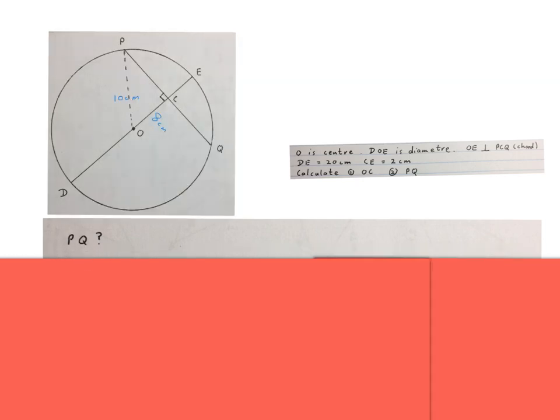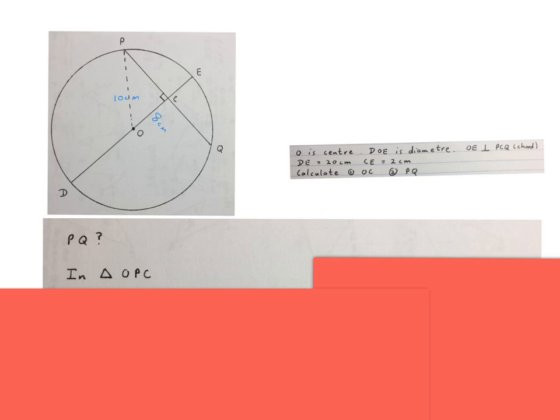Next, they asked us to work out the length of PQ, that line over there. One possible way of answering the question is you can say in triangle OPC, you draw in the radius OP, and we know that all radii in a circle are the same length. We just now worked out that OE was 10 centimeters, so OP will also be 10 centimeters.